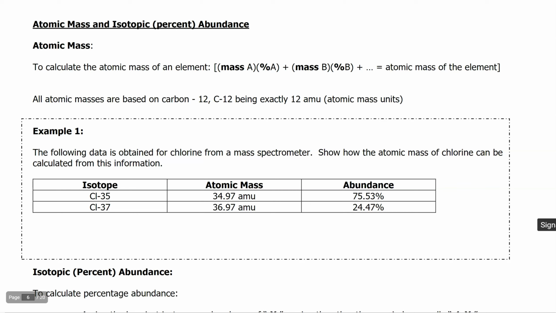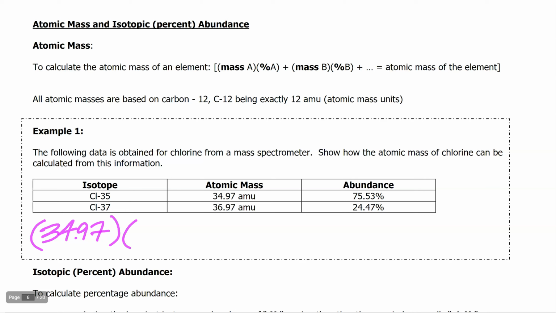We'll take chlorine 35, and they're saying that the chlorine 35 weighs 34.97. So we'll take that 34.97 and multiply it by the percent.